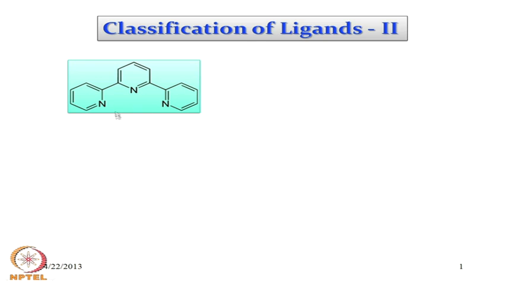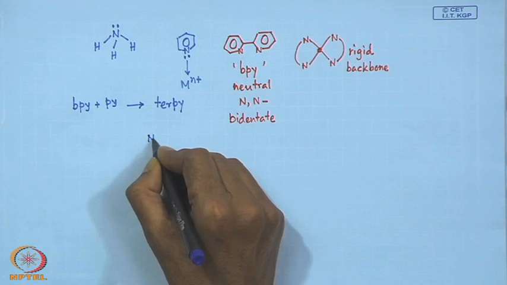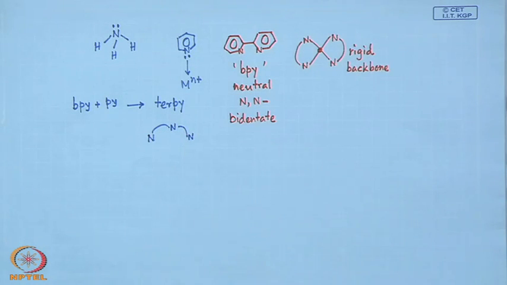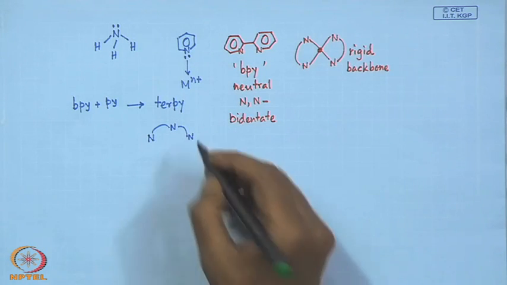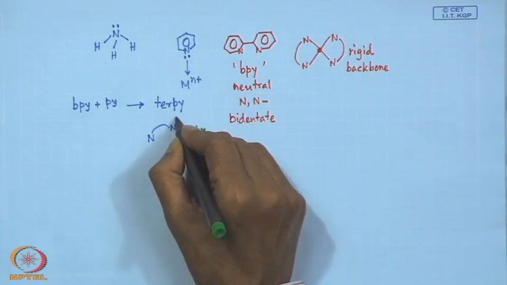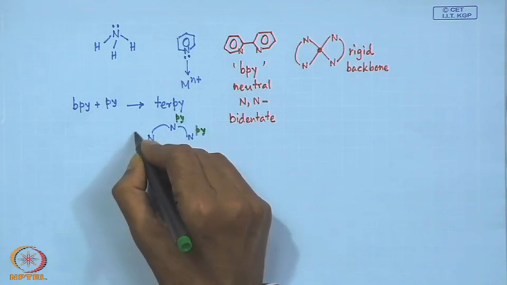If we put a metal center over here, we get one particular side with the attachment of 3 nitrogen donor atoms. So, terpyridine we can consider as an N, N, N type of tridentate ligand, and all these nitrogen donor atoms are pyridine based.